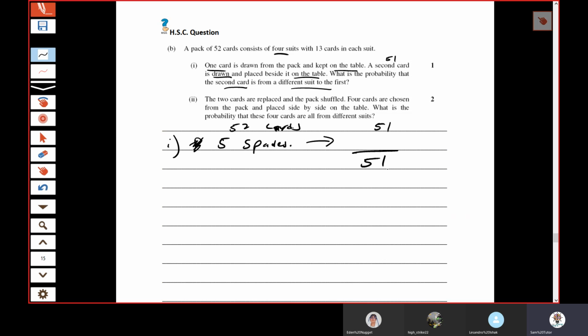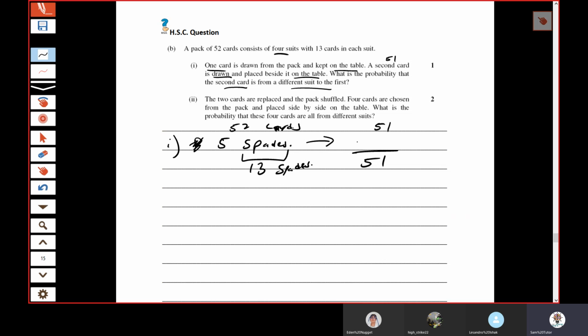So you have 51 cards. How many spades? Yeah, there's 13 spades. So you've already taken out 1.